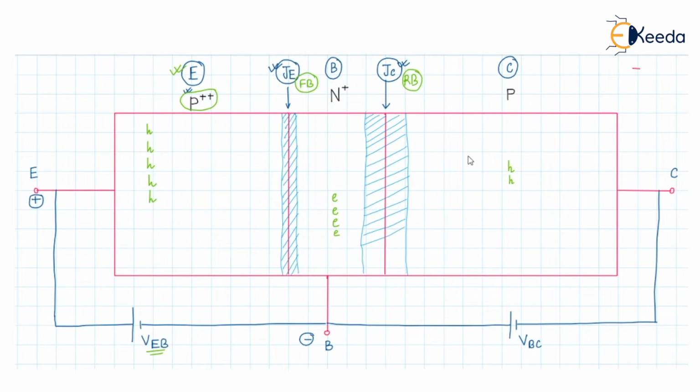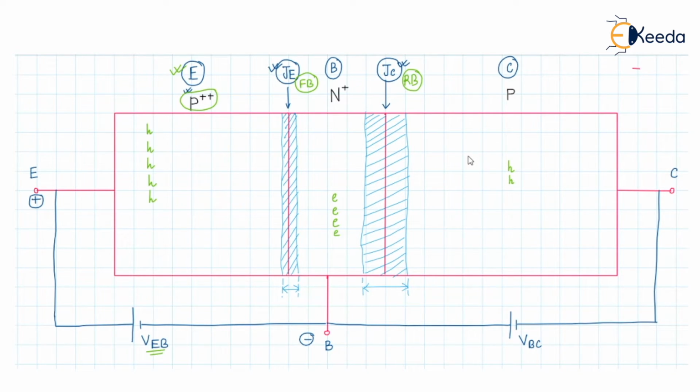The JC junction is now in the reverse bias condition due to the applied base to collector voltage, so the depletion width here is very thick, and here the depletion width is very thin because the emitter junction is forward biased.